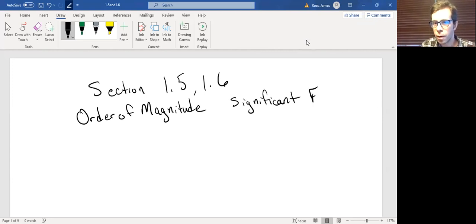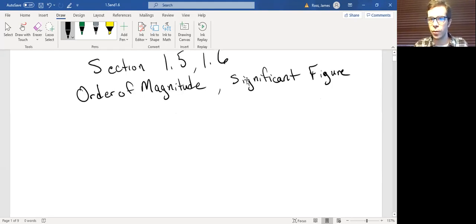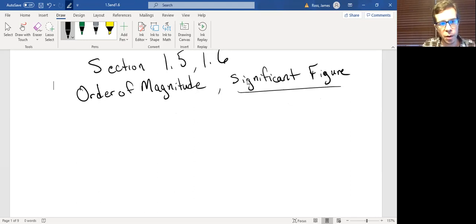I figure that these are closely enough related that I want to talk about them together, because I don't really want to talk about order of magnitude without being able to use scientific notation, which I'm going to introduce with significant figures.